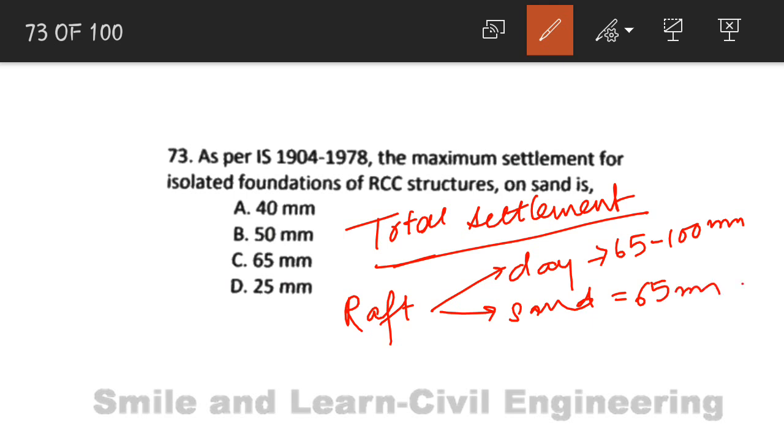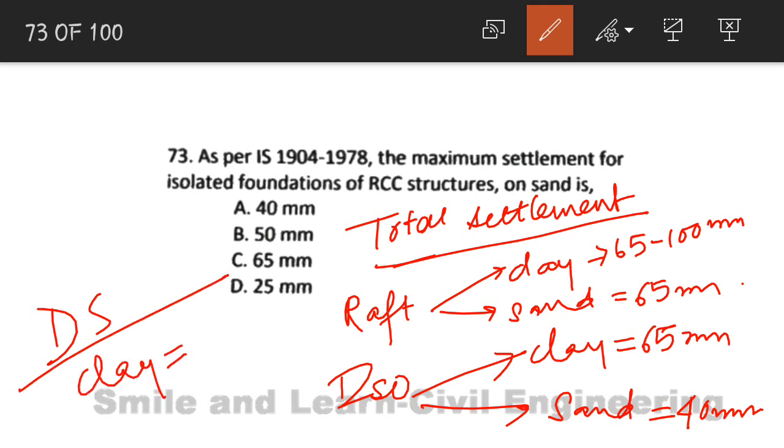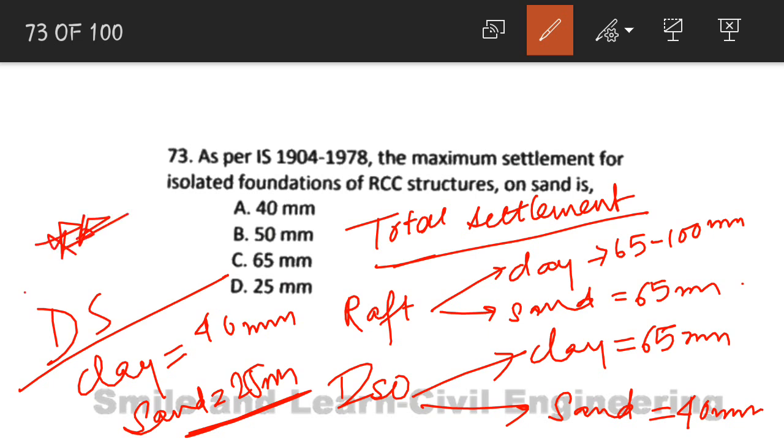And for isolated footing, total settlement for clay is 65 millimeter, for sand is 40 millimeter, and differential settlement also we will discuss. For clay it is 40 mm, for sand it is 25 mm. Very important theory. Okay, so correct answer will be option A, 40 mm.